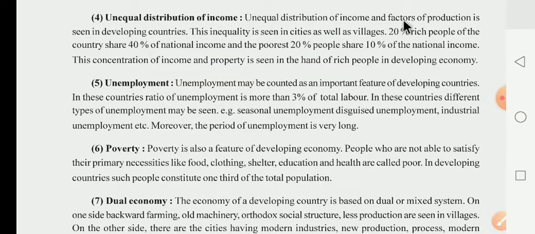Next one is unequal distribution of income. Unequal distribution of income and factors of production is seen in developing countries.